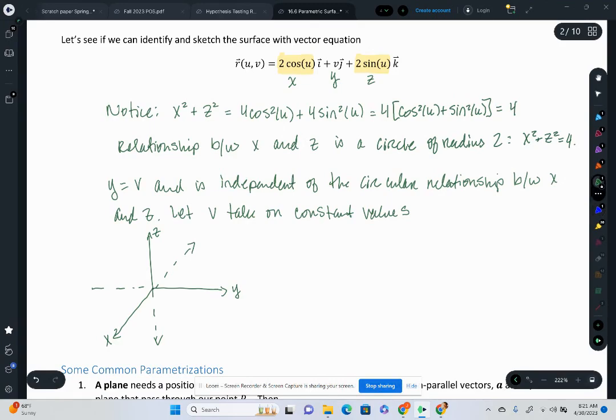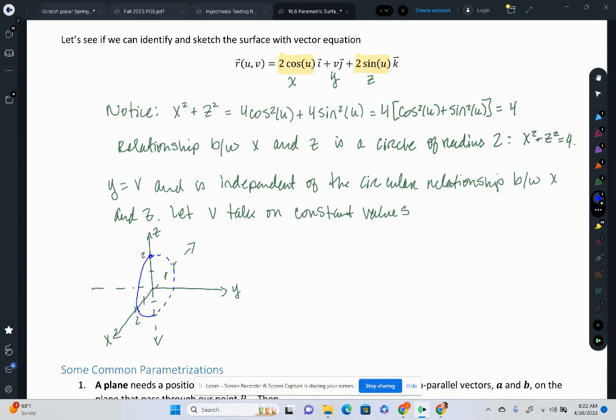So let's get some tick marks on here, and go ahead and draw a circle of radius 2. Hopefully that looks like a circle that's on the xz plane, because that's what it is. So y was 0, or v was 0, and x and z played in a circle.